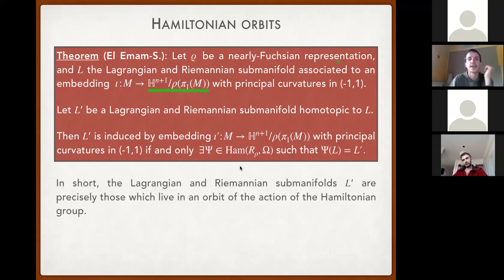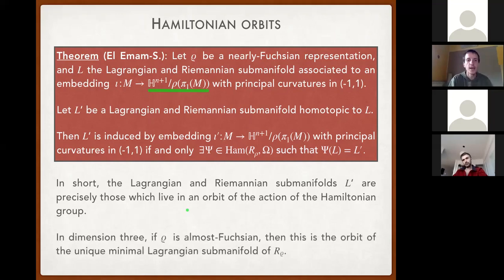Okay, good. So basically, what this theorem says is that the Lagrangian Riemannian submanifolds L prime which are obtained in this way are those which live in a certain orbit of the Hamiltonian group. And just to mention this, in dimension 3, if our rho is moreover almost Fuchsian, this means that we can take our I to be also minimal, then this L is minimal Lagrangian.